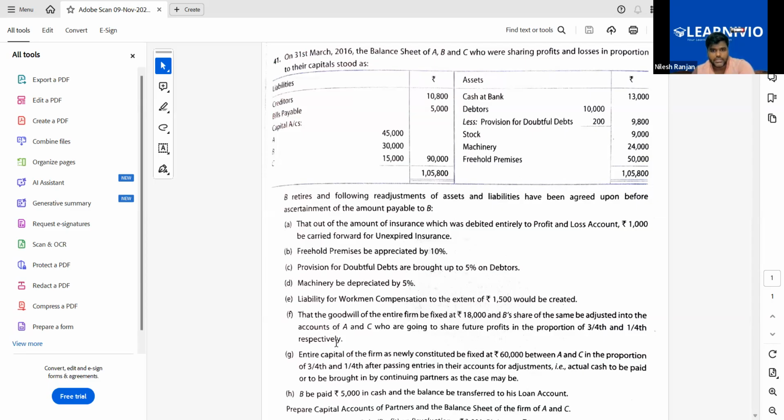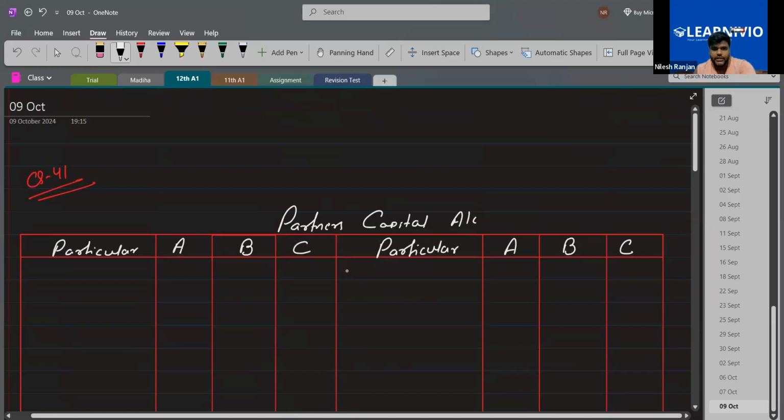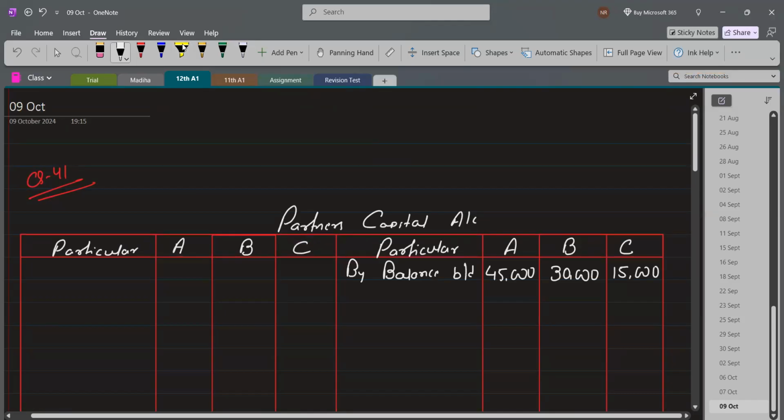Okay, now all the things are related to capital, so we will prepare the capital account. First of all, here by balance BD, capital account of A, B, and C, 45,000, 30,000, and 15,000. Just 1 minute.